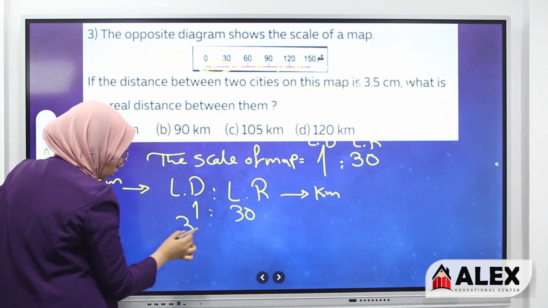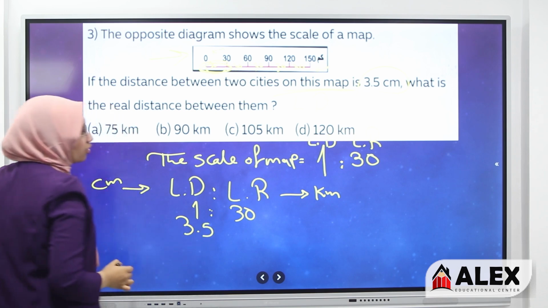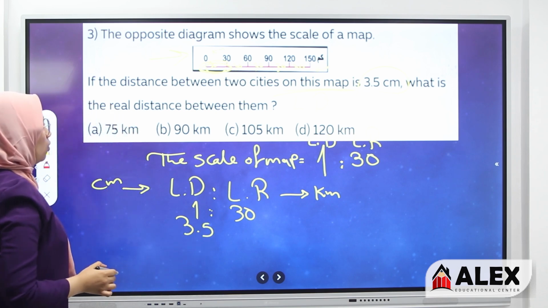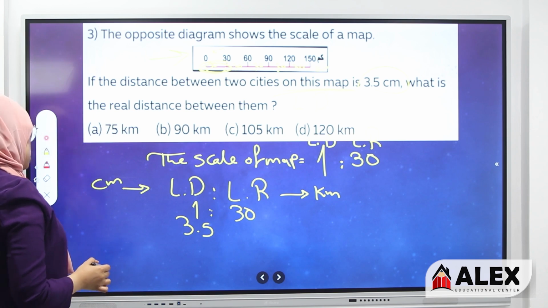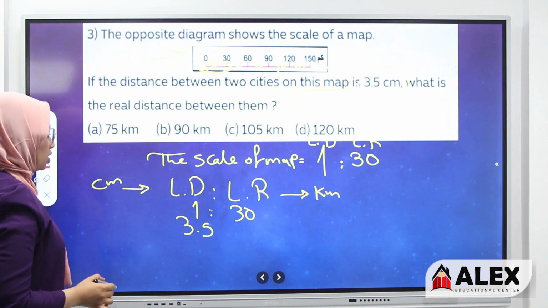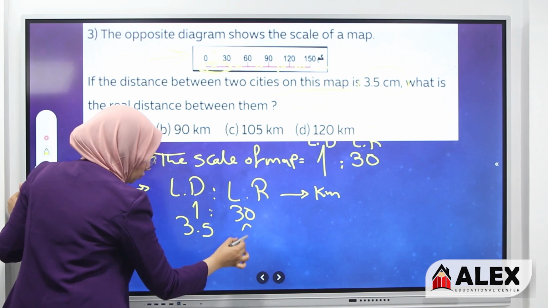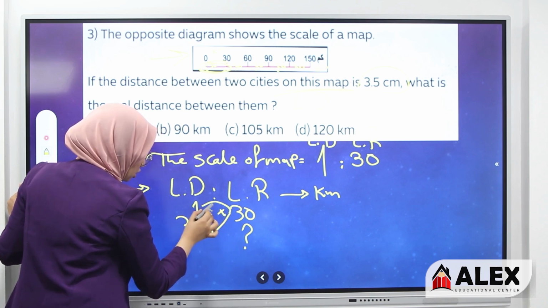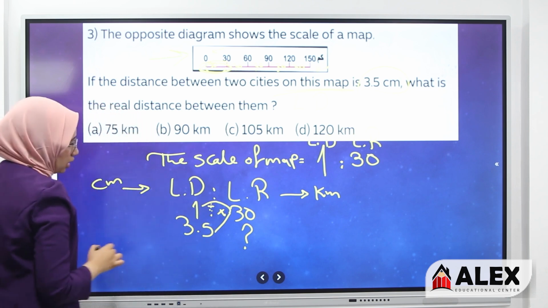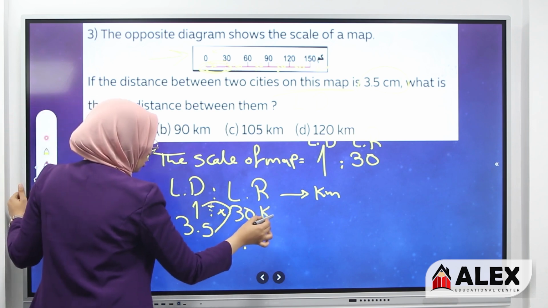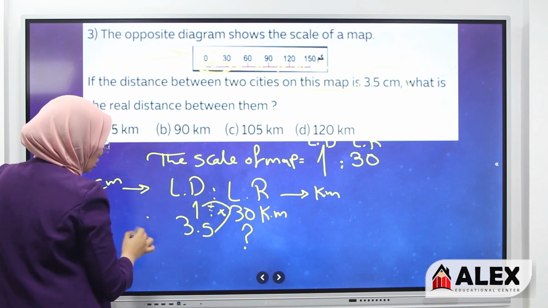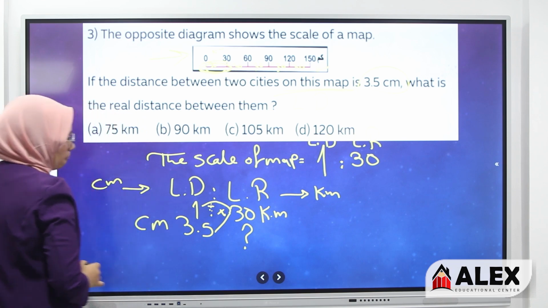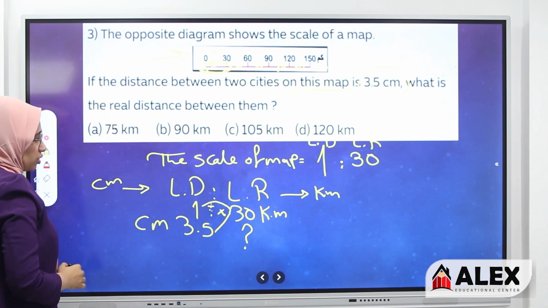So here, 3.5 centimeters. What's the real distance between them? Okay, for the real distance between them, we multiply and then divide, and don't forget this is kilometer and this is centimeter.